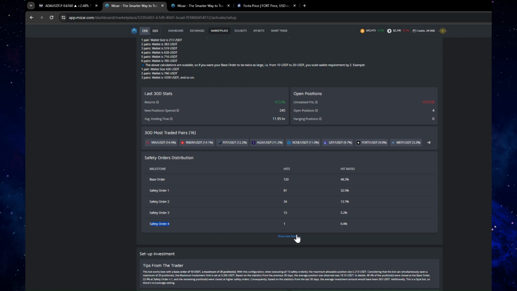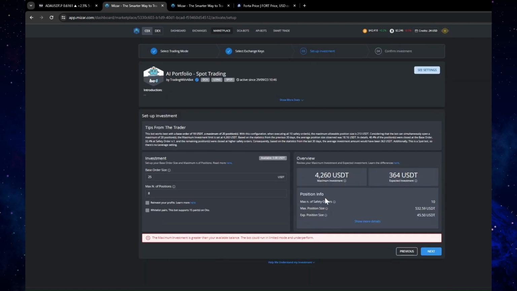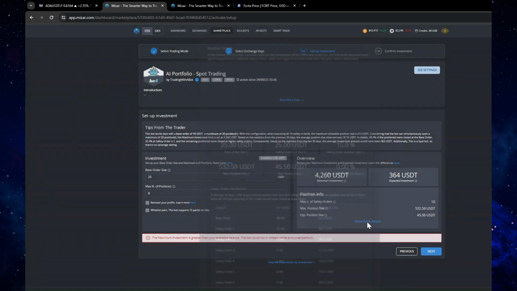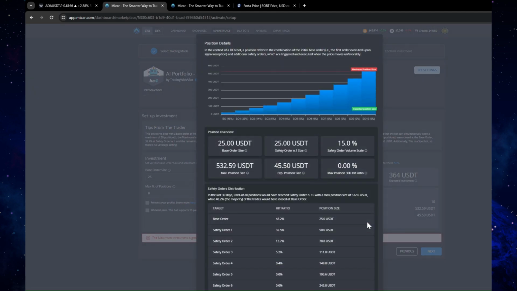And also, we have some good stats here. And this panel, it tries to estimate an investment amount needed for you, the wallet size that you need. This one can be a little bit confusing because it's actually combining the methodology of the safety orders and the settings that I implemented for the safety orders, and statistics.